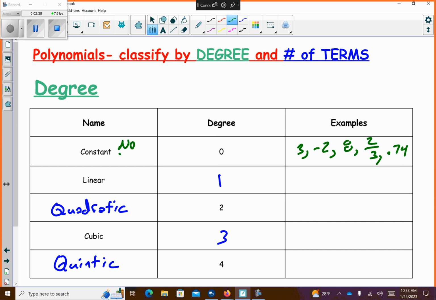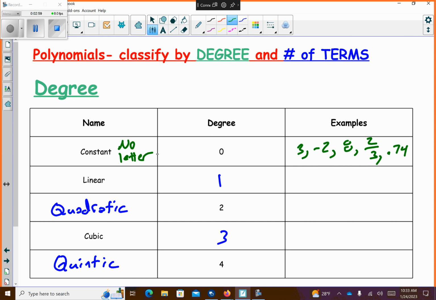So I'm going to put over here, no letter. You don't have an X, a Y, a W, a Z, nothing. There's no letter attached. So if I said the number 7, you've got a constant going on.